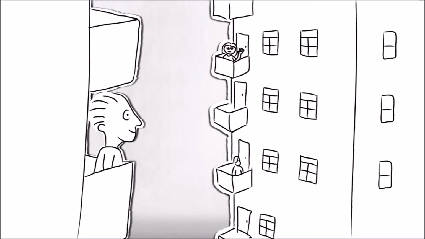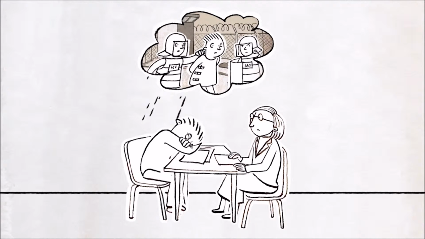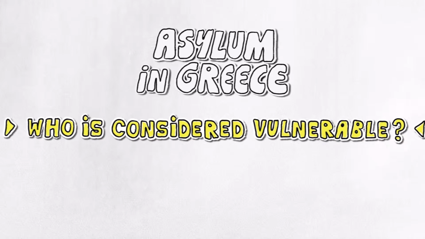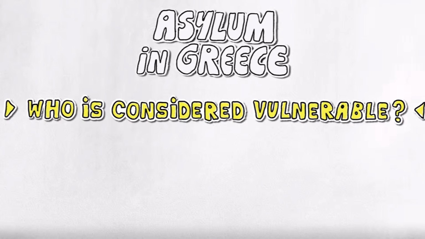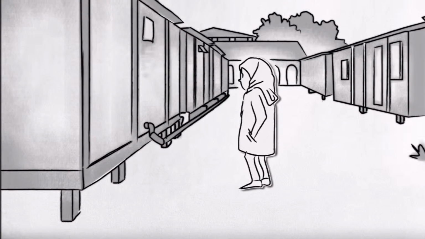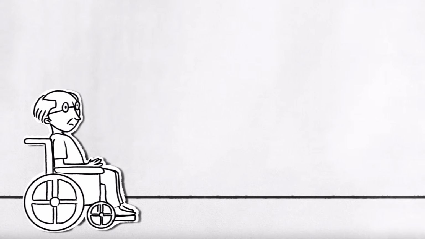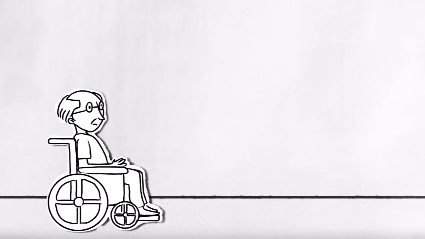It is really important to mention at the earliest and at every stage of your application if you are vulnerable. Who is considered vulnerable? Unaccompanied minors, handicapped persons, or people suffering an uncured or serious illness.